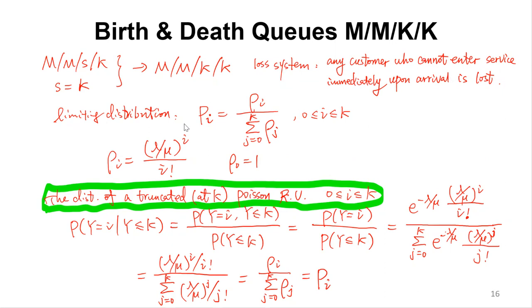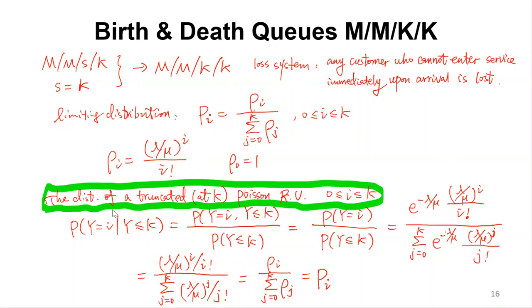In this case, the limiting distribution becomes like this: π_i equals rho_i divided by the summation over j from 0 to K of rho_j. This is actually P0 rho_i, and rho_i equals (lambda over mu) to the i over i factorial, and rho_0 equals 1.